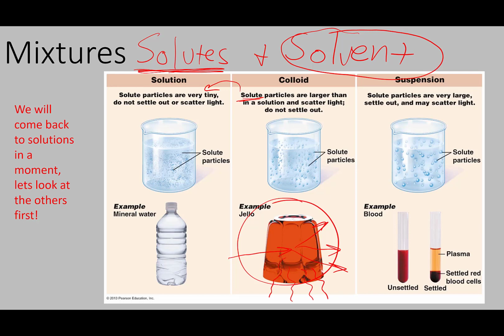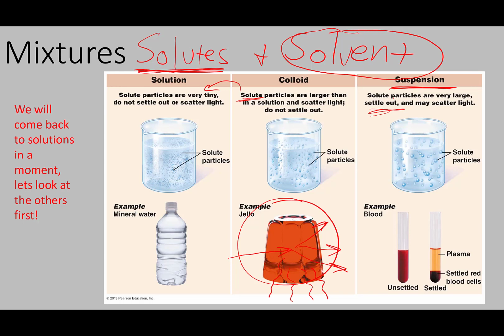Another type that we'll talk about actually quite a bit in A&P is a suspension, because blood is a suspension. And here, the solute particles, which are things like blood cells, proteins, things like that, they're very large. And if we let blood sit for long enough, or if we put it in a centrifuge, then those solute particles will settle out.